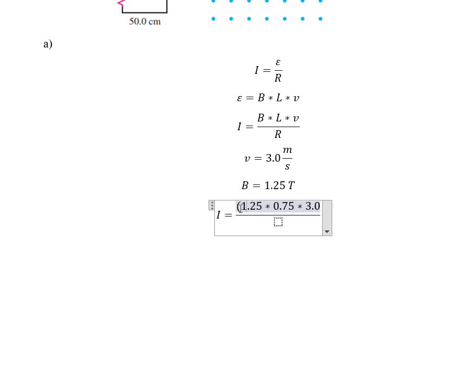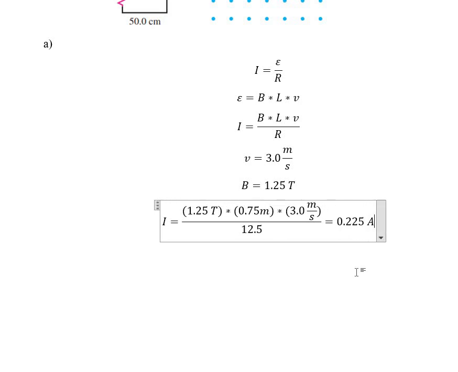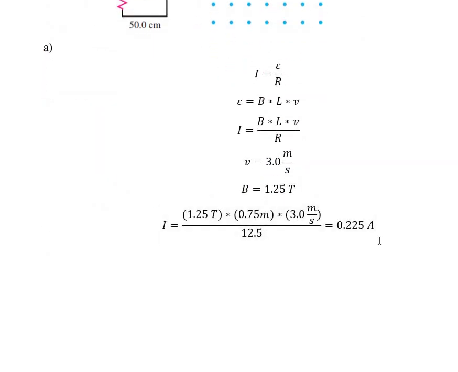Let's do this real quick. And all of this is over 12.5, which is R. So we got 0.225 A, and this is the answer for part A. So basically, this is the magnitude of current that's going into the magnetic field.